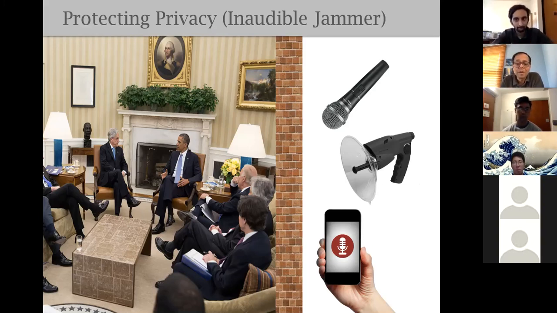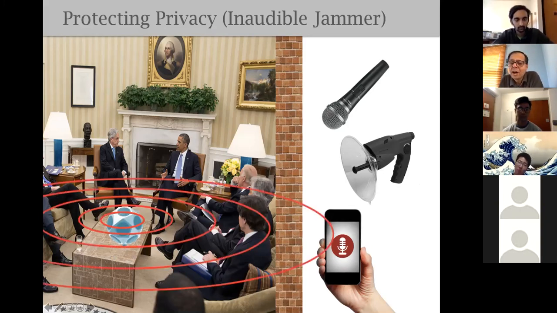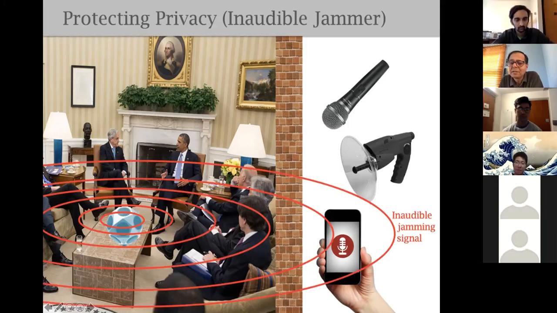So one possibility is you put this inaudible speaker, this jammer, which jams all microphones that are recording. You see what I mean? This inaudible sound is sent in all directions. So any spy microphone will get jammed, but the normal conversation will not get affected because all these jamming signals are inaudible.